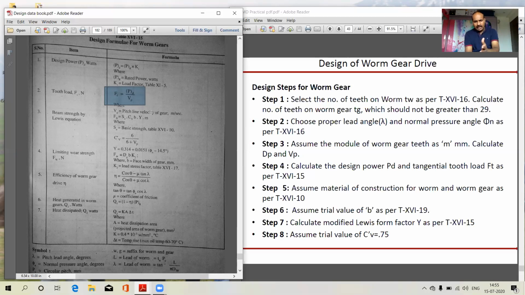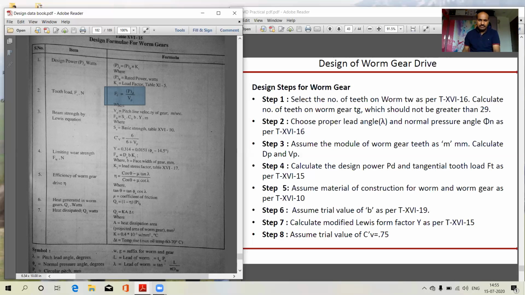As we discussed earlier, PD is in the form of PC upon pi, and VP is also in the form of PC upon pi. So obviously the FT is in the form of PC by pi, which is equal to module. So the value of FT is in the form of PC by pi. Now we just want to give the equation number 1 to that particular FT.